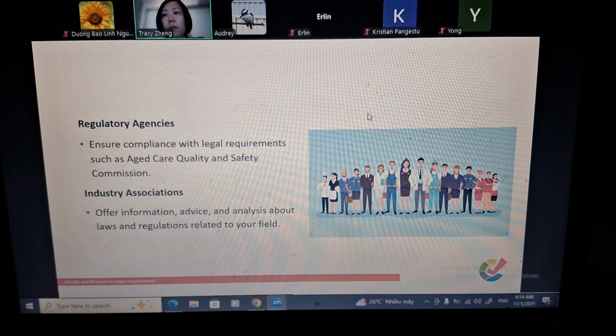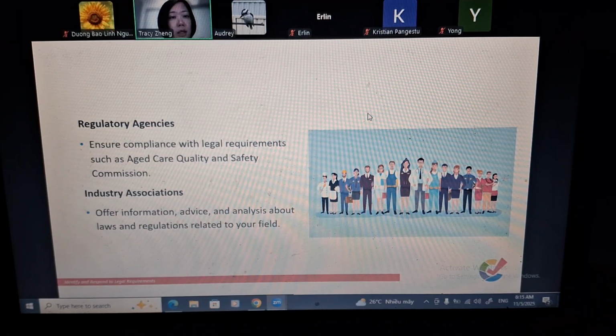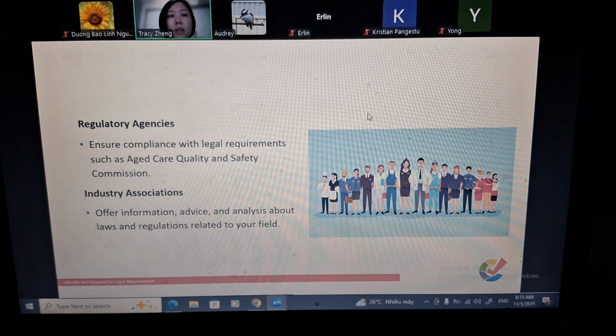Because they identify one or more staff who don't know what duty of care is and don't know what to do in duty of care, then your organization will have a problem, because that is one of the key legal requirements for all staff.